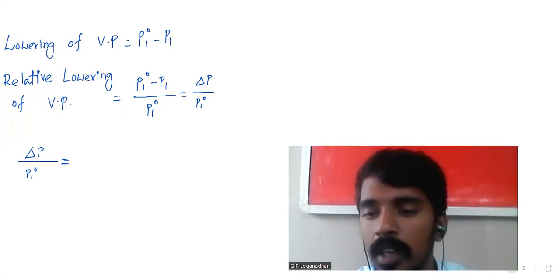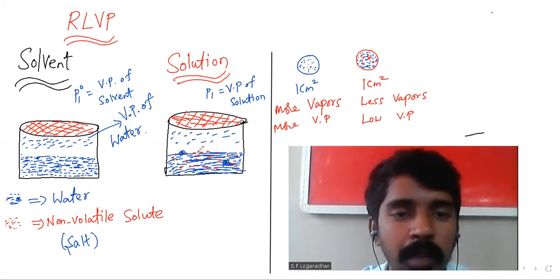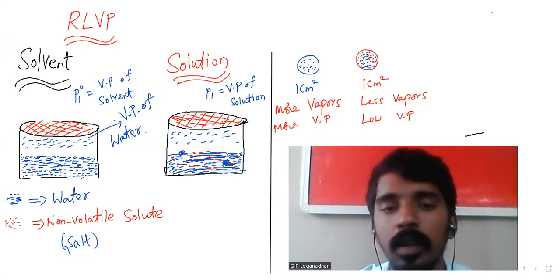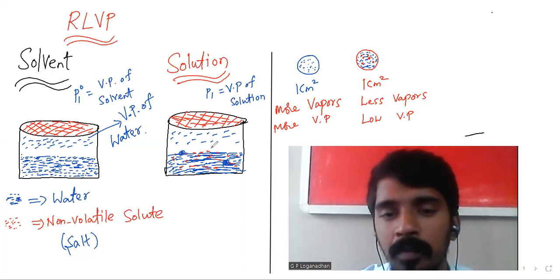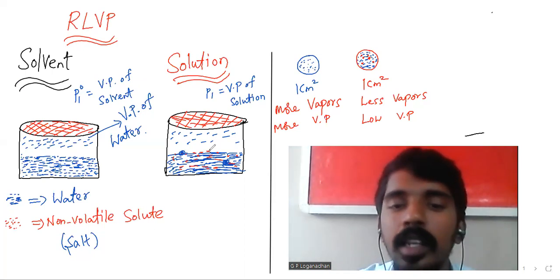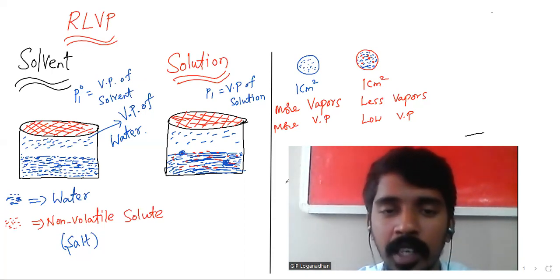If the space occupied by the solute is more, then there will be low vapor pressure. If it is less, then there will be more vapor pressure in the solution. So it completely depends on how much of the solute particle we are taking.